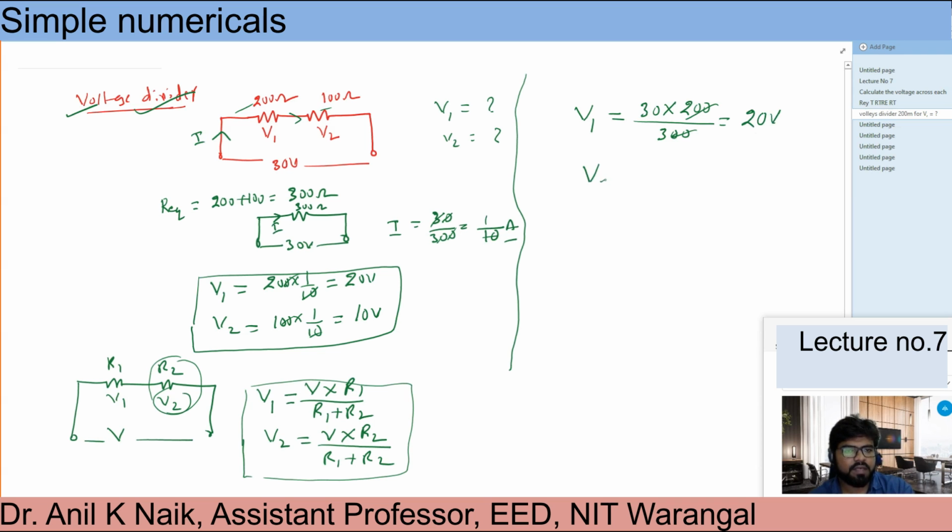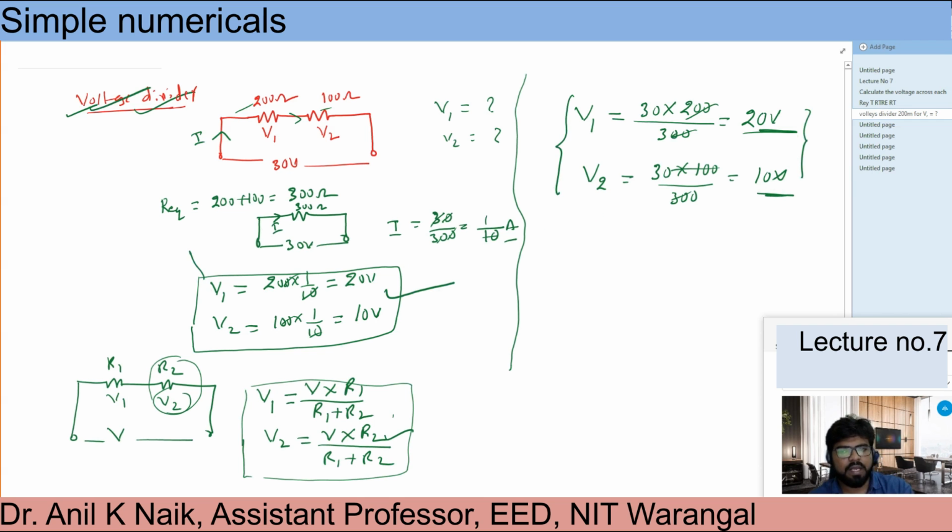For V2, applying the formula, 30 into 100 by 300, you get 10 volts. This is the same value we got before. So by using the voltage divider technique, we are getting V1 and V2.